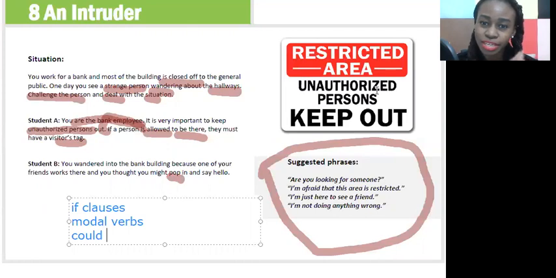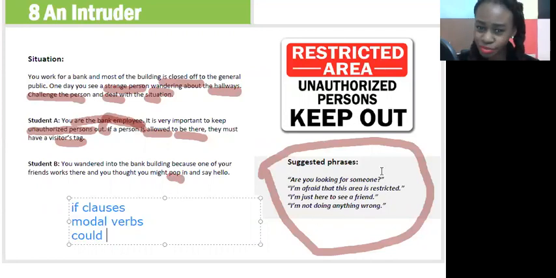Unauthorized meaning no permission, people with no permission. Authorized means they have permission to do something, but unauthorized, no permission to do something. Keep out, to stay outside. So they write this to say this is a restricted area. Unauthorized people should keep out of this area.